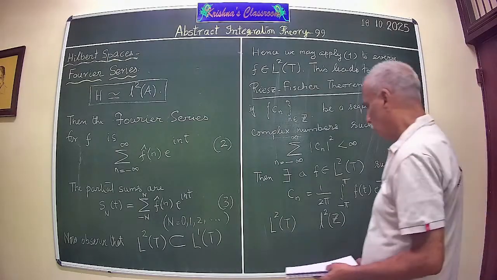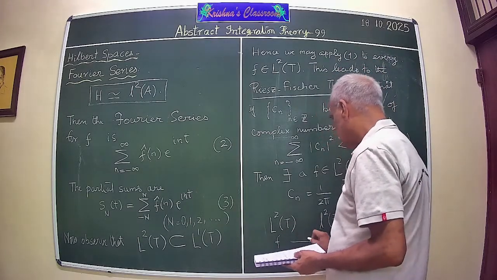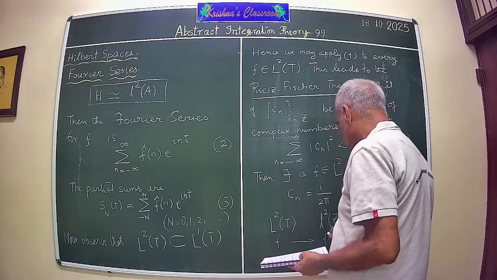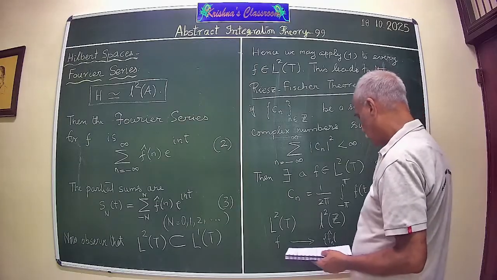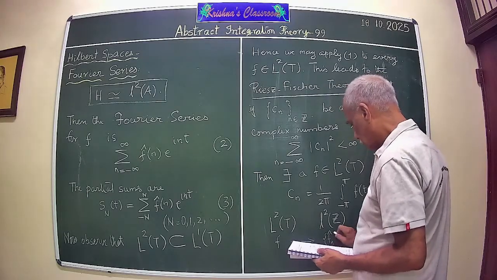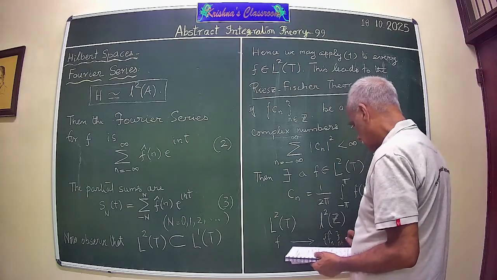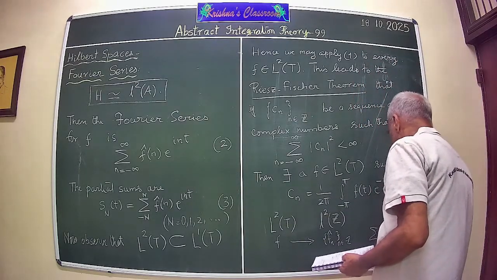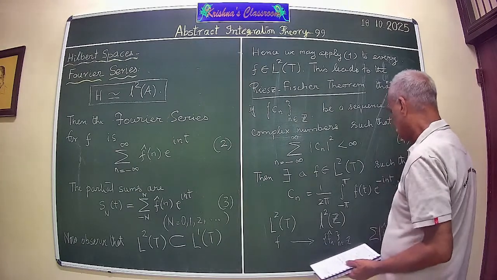What we are saying is that what we have shown earlier is that if you start with an f, then f hat n, in L2Z, such that the sum is finite.